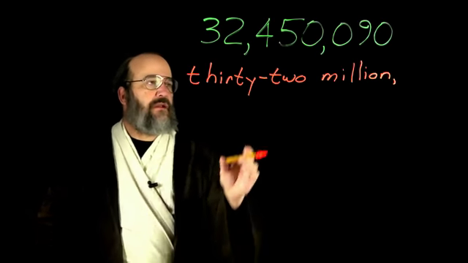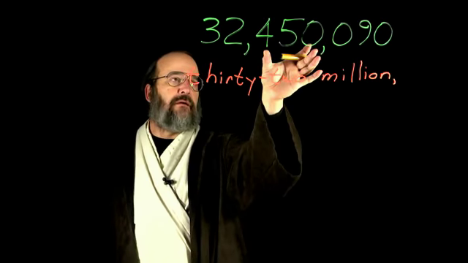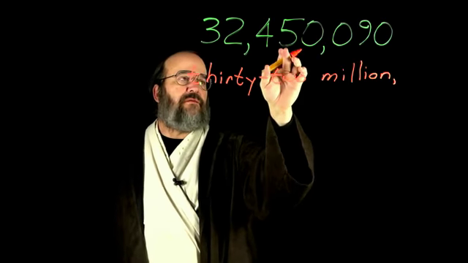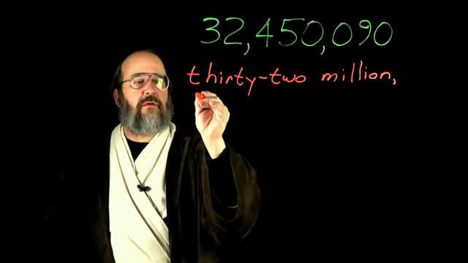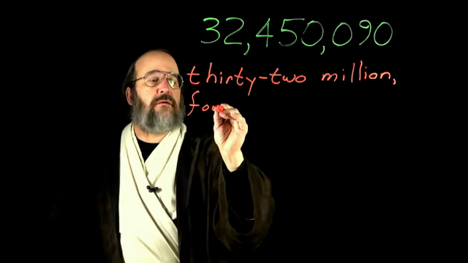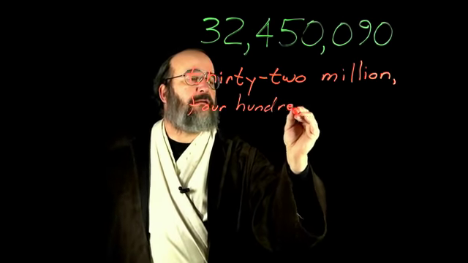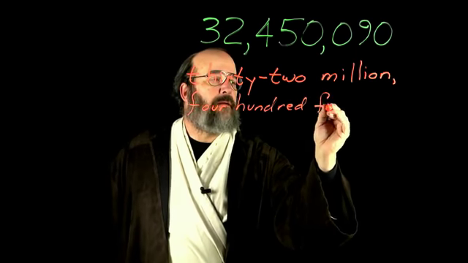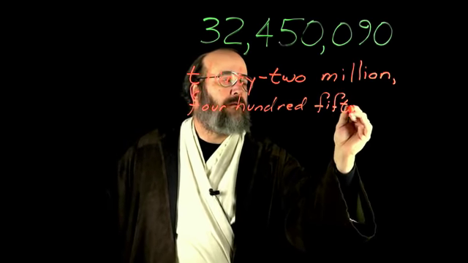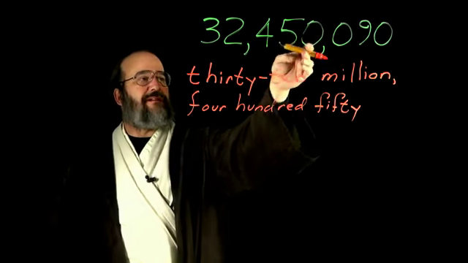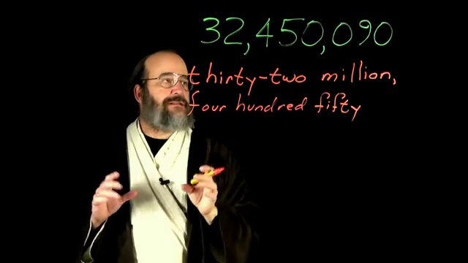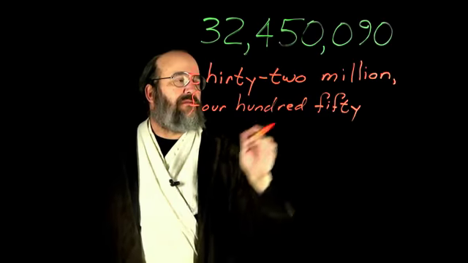Now we want to go to the next period, this period right here, and we have 450. No hyphen this time because this is one of those tens numbers, so we just put 50.